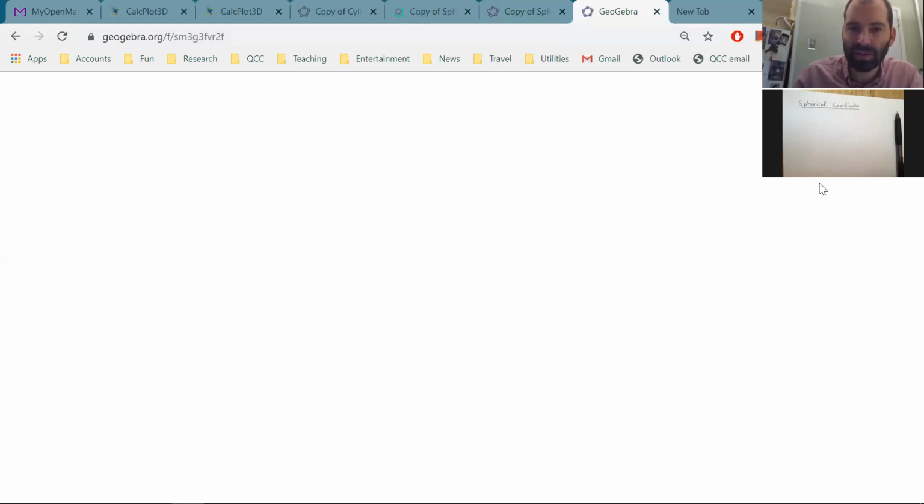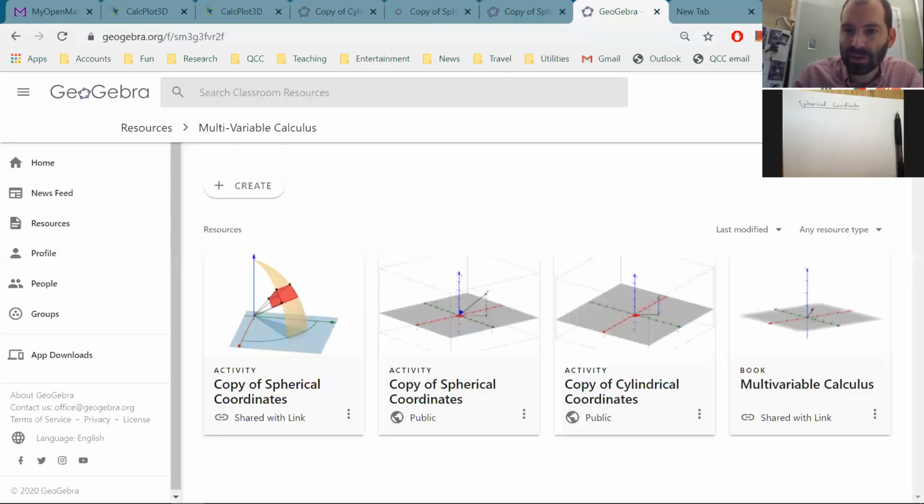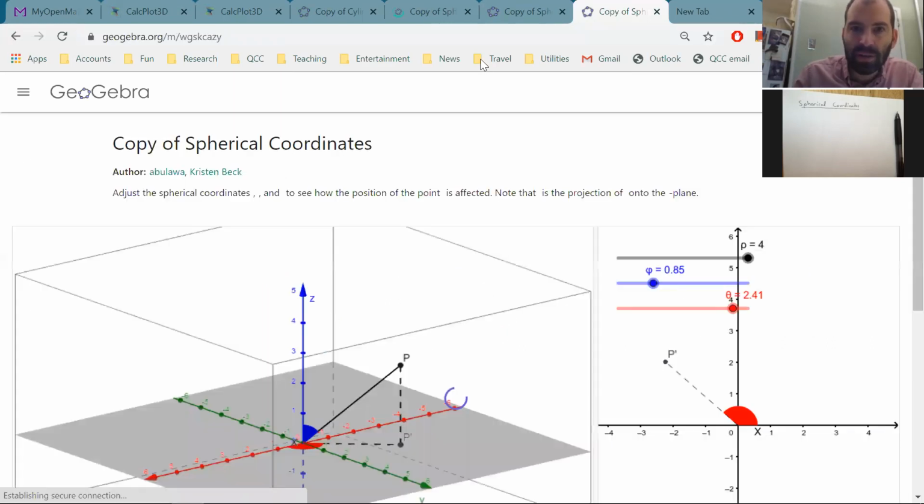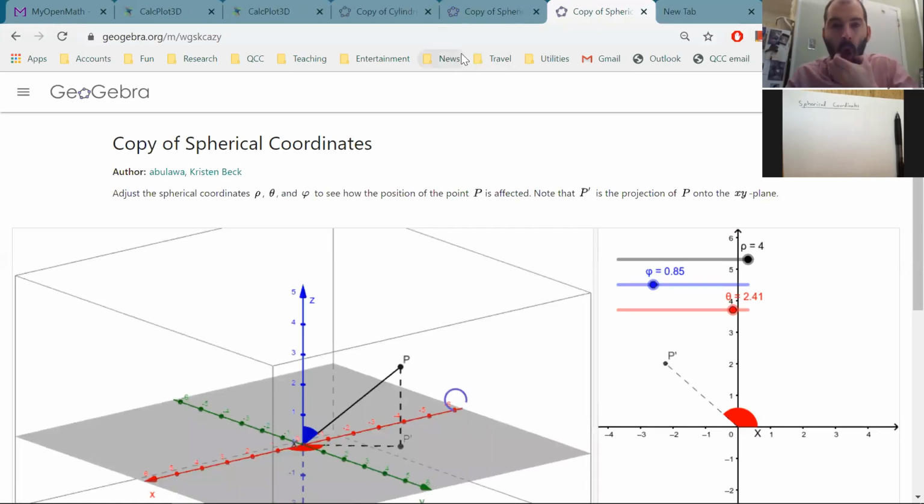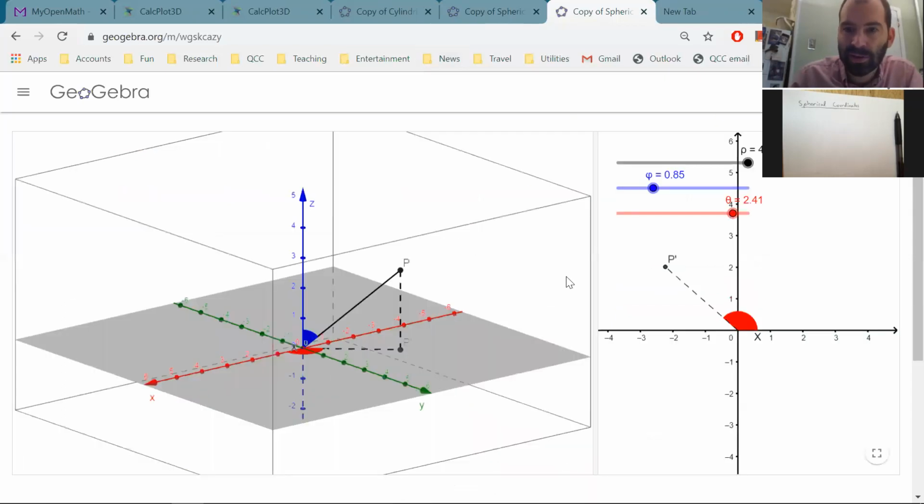I don't know why this is getting so sluggish. I don't know what the issue is here. Okay, this is working now in this other tab. Kind of. All right.